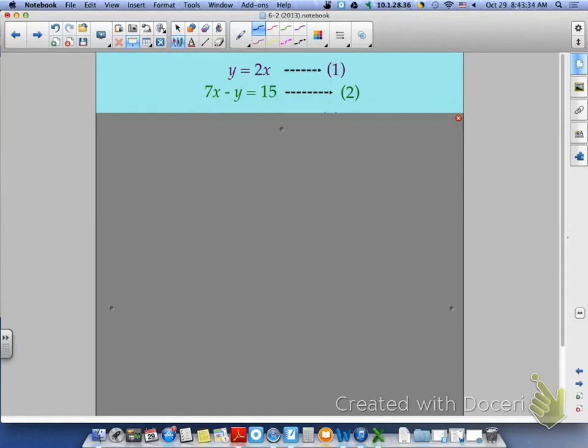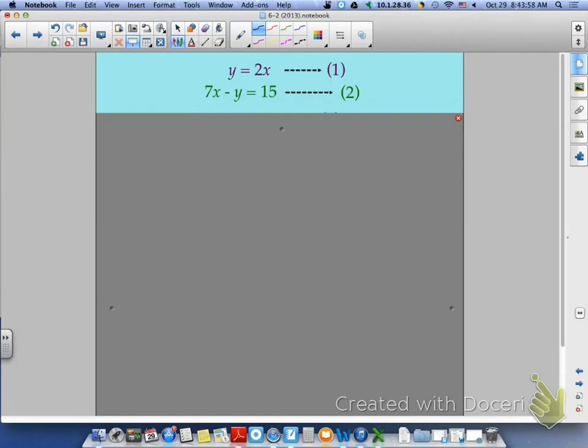Emily, do you want to help George? Would you substitute 2x? Wait, no. Would you substitute the y in y equals 2x with 15? No, with 7x?